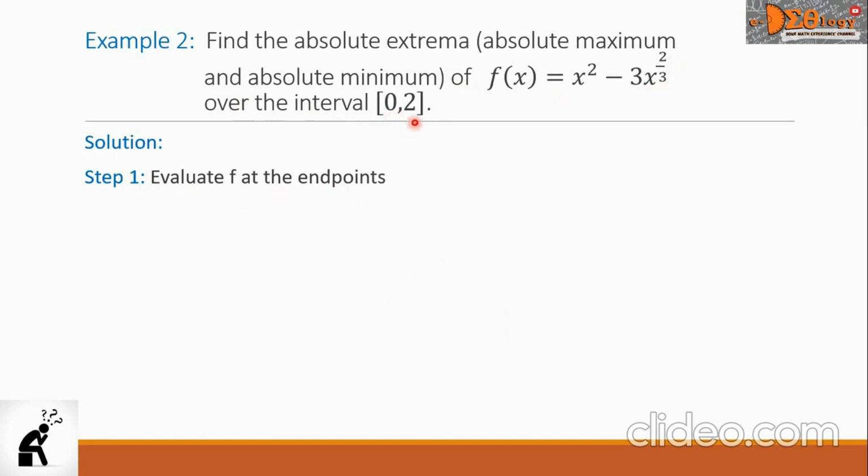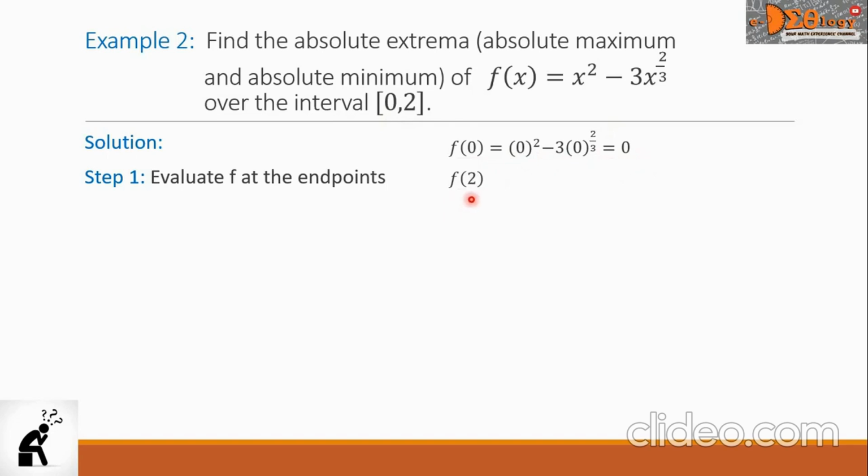Here are the endpoints. Let's begin with f of 0. And this is equal to 0 squared minus 3 times 0 raised to 2 over 3. Simplifying this, the value is equal to 0. So f of 0 equals 0.